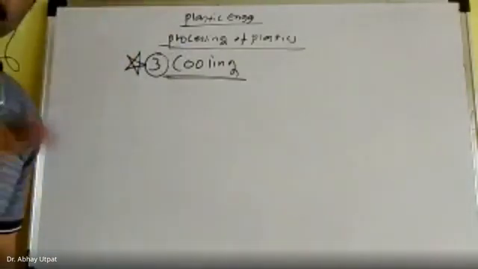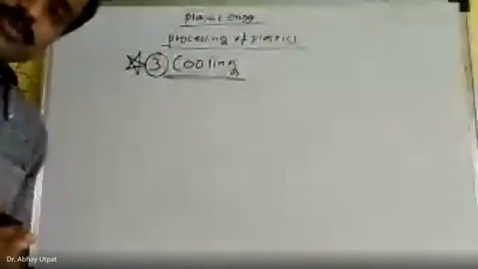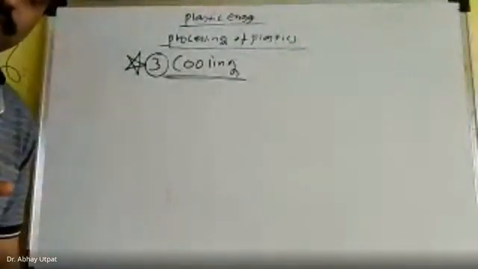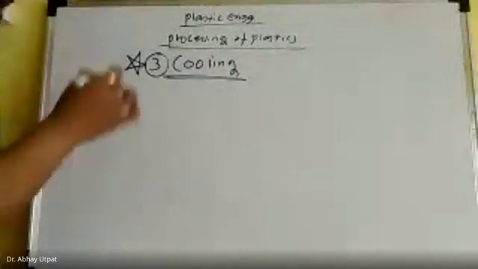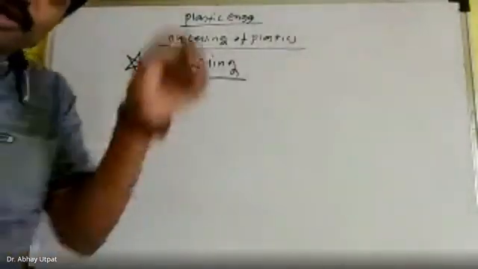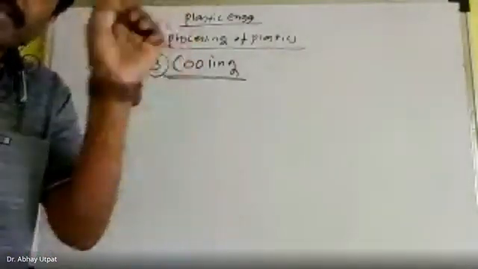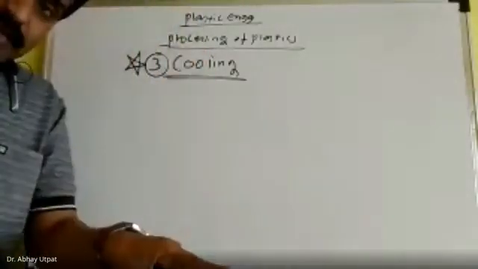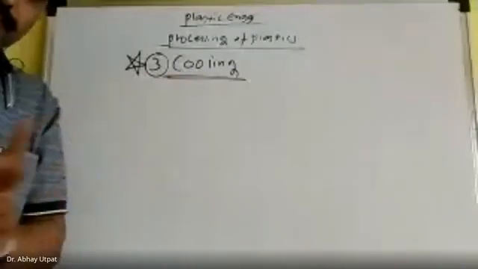And I told you earlier, cycle time varies from 5 seconds to 60 seconds for some of the components. Remember that I made this star mark. Almost 70 to 80% of the total cycle time is consumed by cooling.